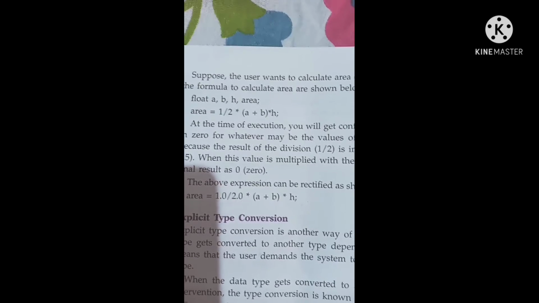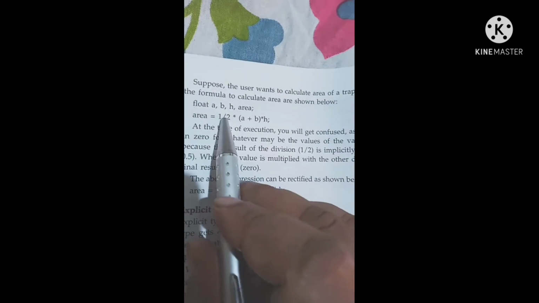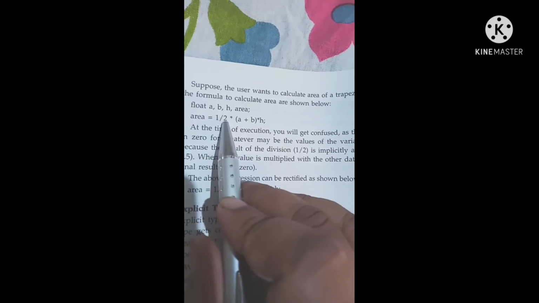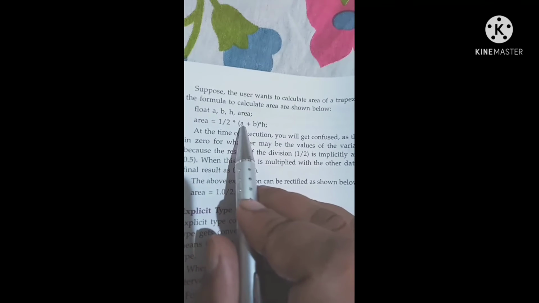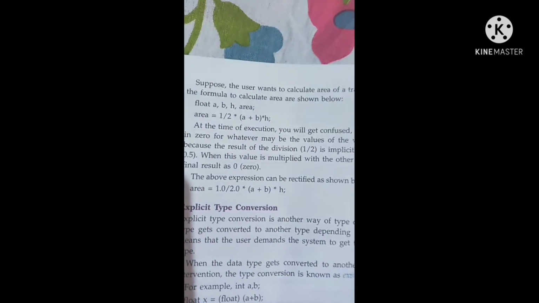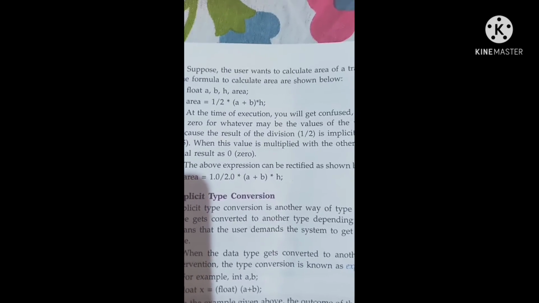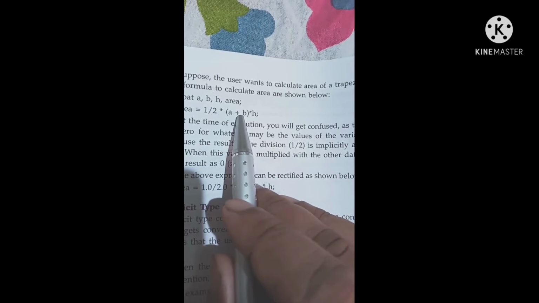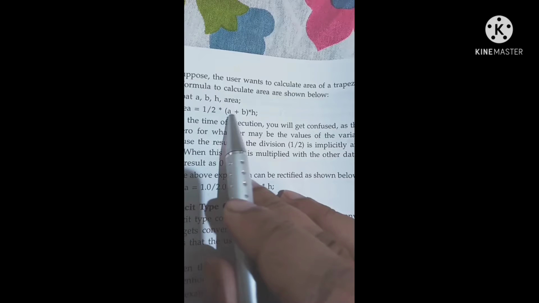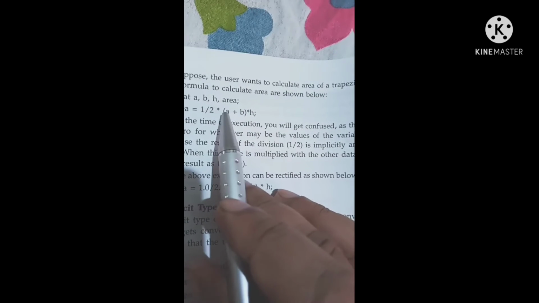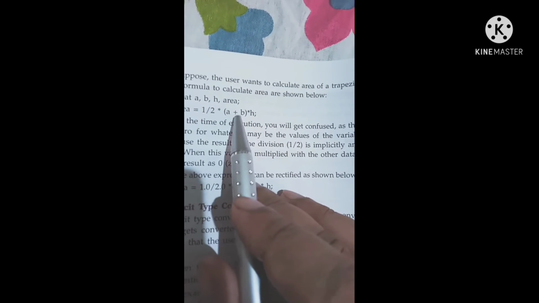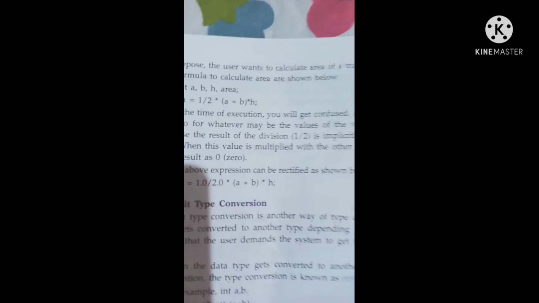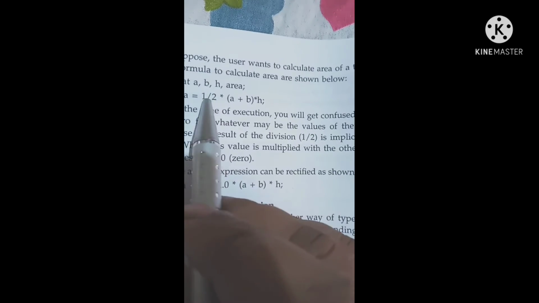Because 1 divided by 2 is definitely integer type. Within the bracket, work is completed first, so A plus B will be calculated first, and after that it will multiply with H.